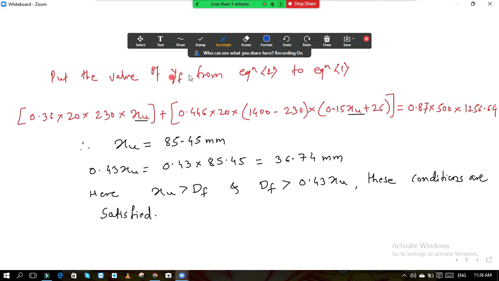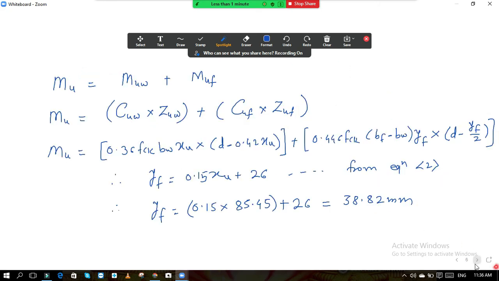After solving this we got the value of xu, then again we check whether our conditions are satisfied or not. Here clearly xu is greater than df, and also 0.43 xu is less, because df value is 40 and this value is 36.74. So df is greater than 0.43 xu. So these conditions are satisfied. Then for these two formulas, we have just multiplied these three forces by their lever arm distances.